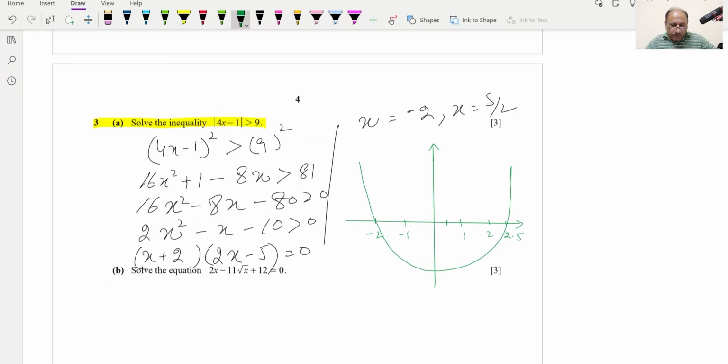Quadratic graph opening upward, we can see the coefficient of x square is positive, so it shows that it's opening upward.